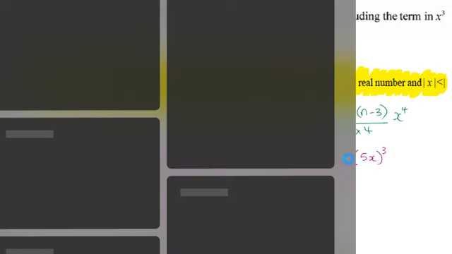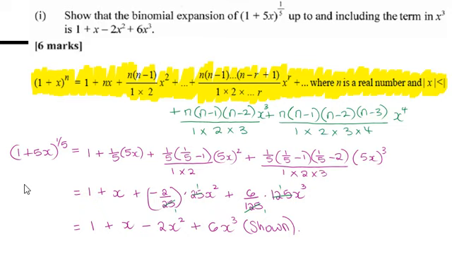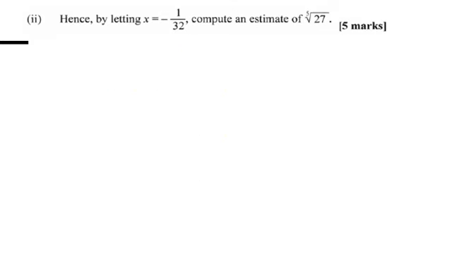There is a part 2 to this question. It says, hence, by letting x equals negative 1 over 32, compute an estimate of the fifth root of 27. They gave us the x value that we're supposed to use.